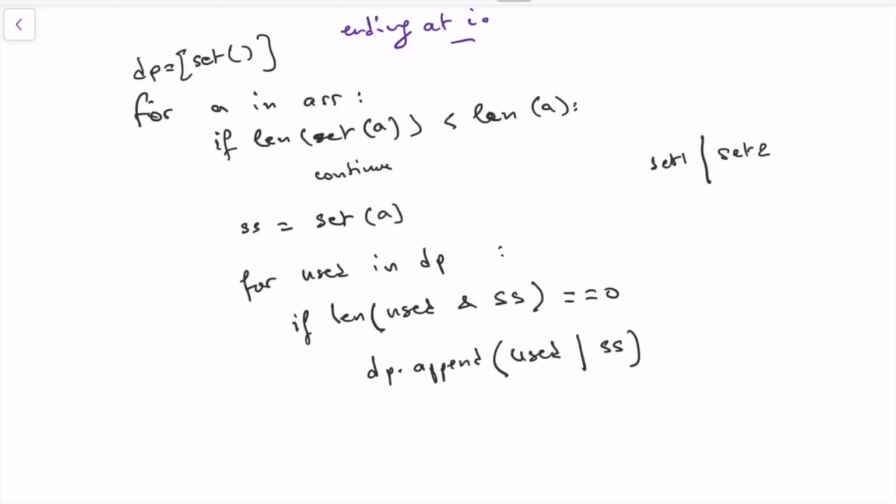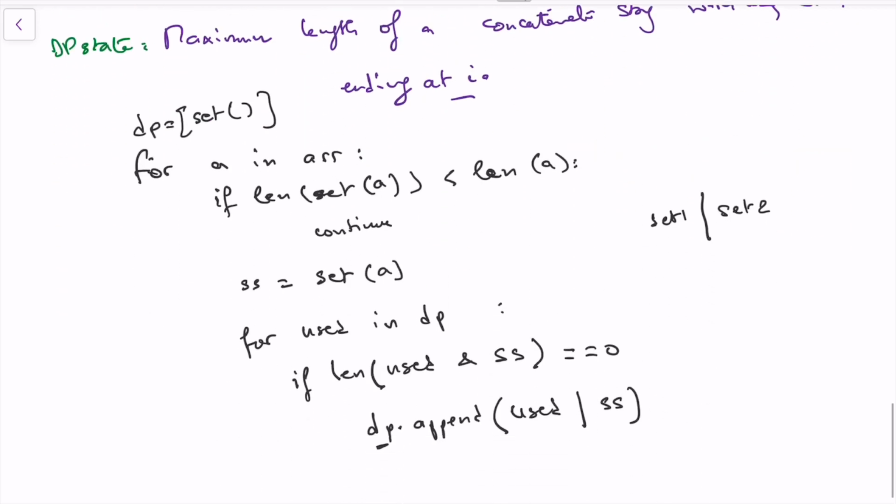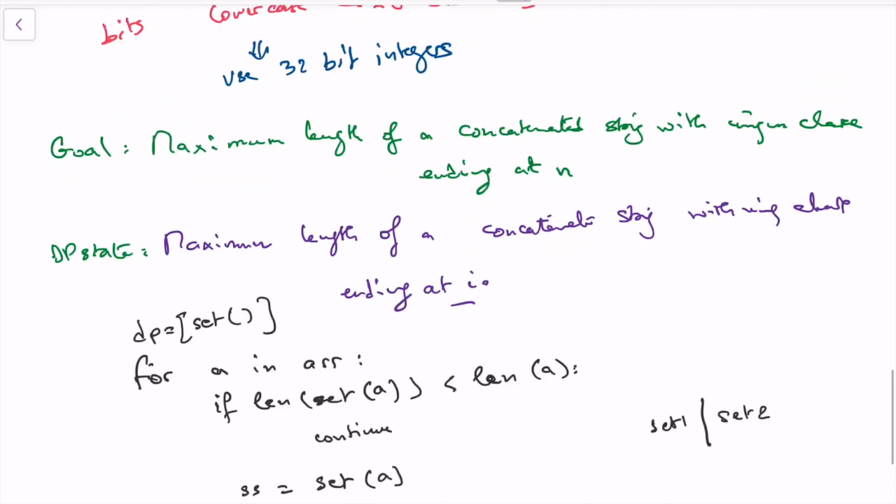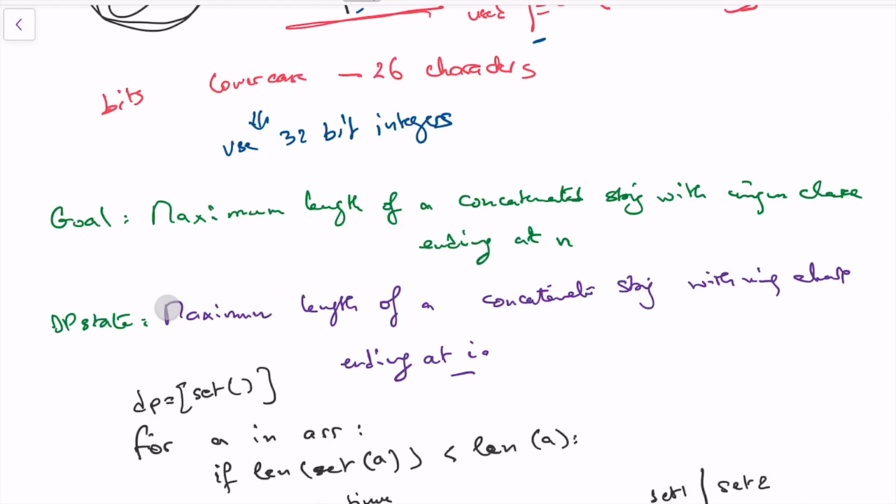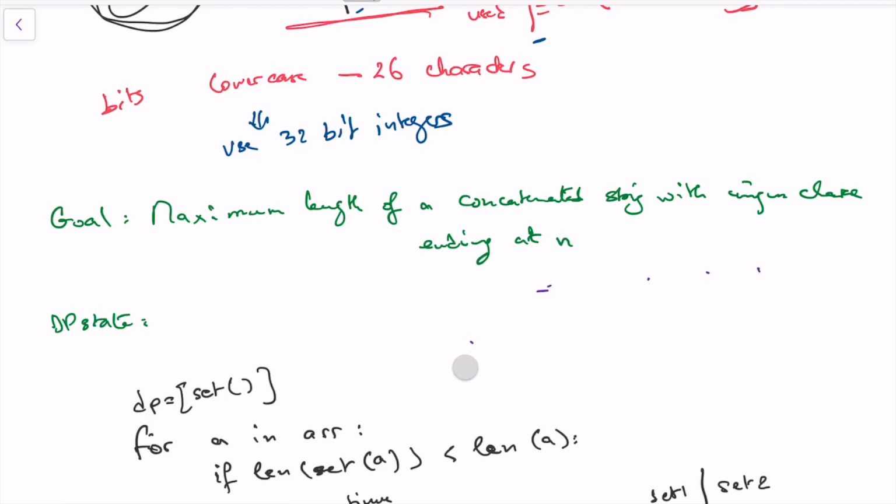And then after that, we will just return the max of all of them. So DP here contains the max, so actually my DP here wouldn't contain this. Sorry about that mistake.